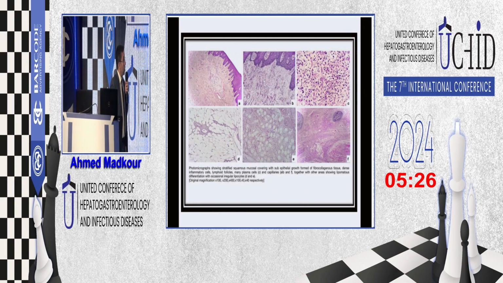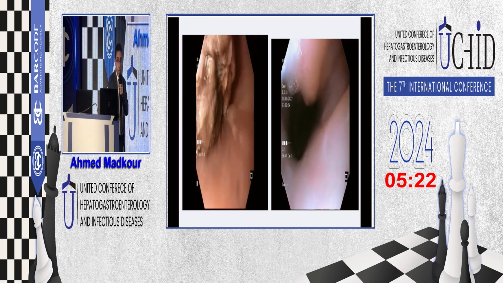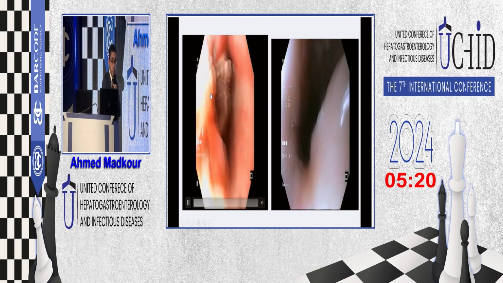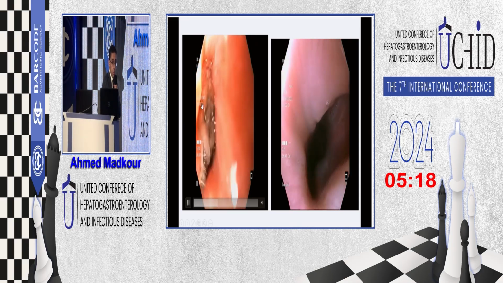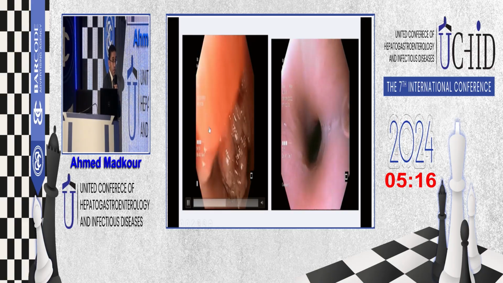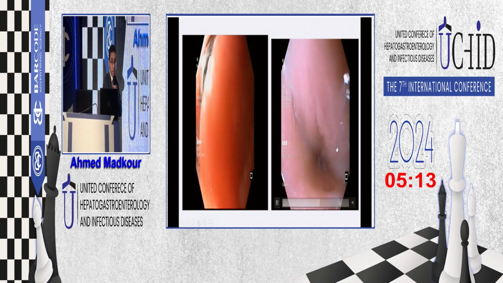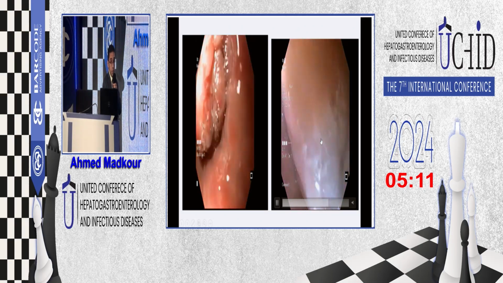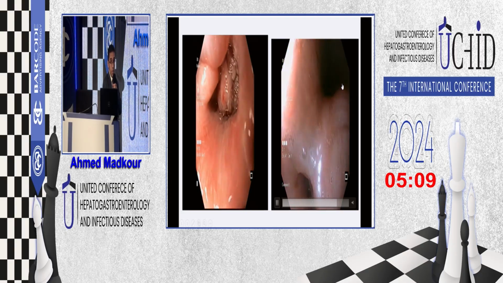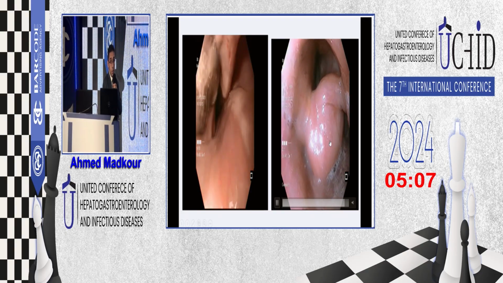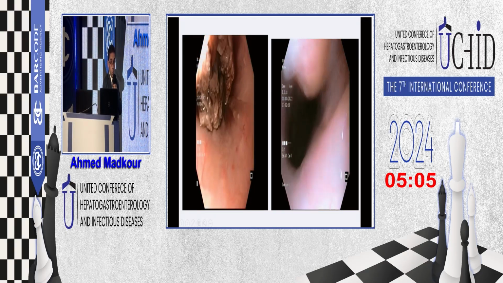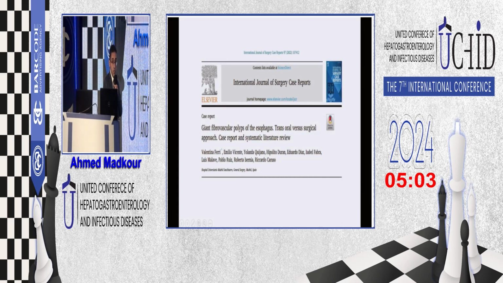The pathology was a giant fibrovascular polyp. We can see here the remaining stump. We did a band ligation for it to prevent affecting the airway. We can see here the follow-up after 6 months. Actually, we just have a bulky arytenoid. The symptoms improved, and the patient didn't have dysphagia at all.